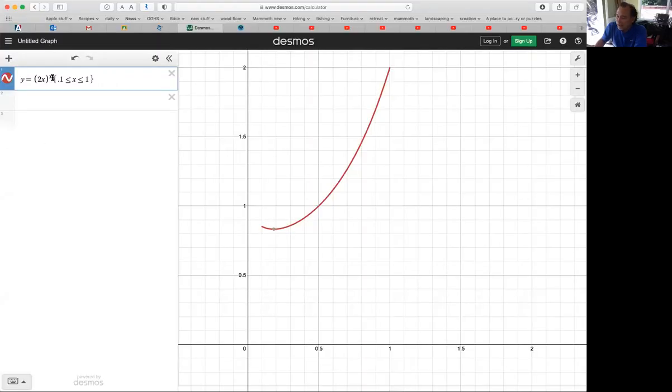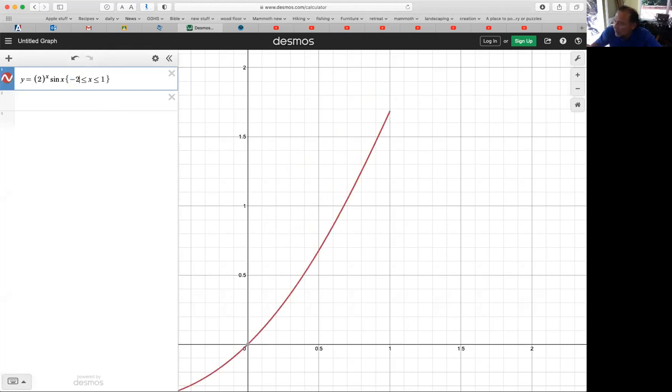this. Now I need to change this because it's 2x to the x sine x. So let me to the x sine x. And my domain is from -2 all the way up to 6. And I don't know if I graphed the right one, did I?